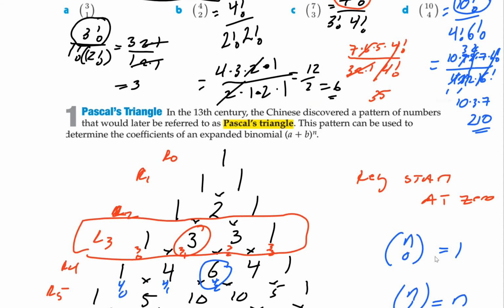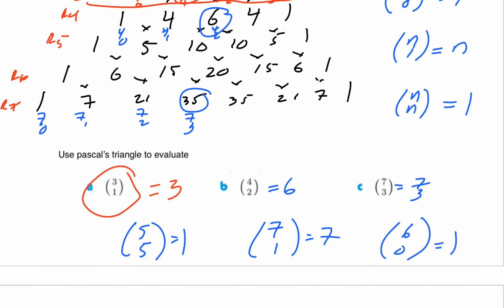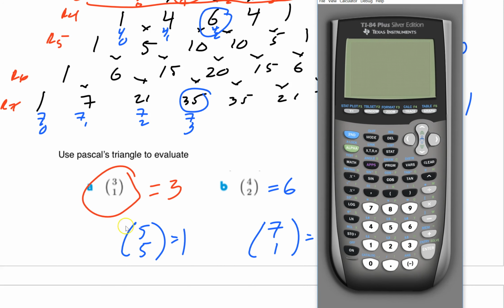What's the other way to do it? On your calculator. So if you bring out your calculator, the way we do, say, 3 choose 1, is we put a 3 down. You go to math, over to probability, and then nCr. That's what this is. It's choose. So you put a 1. You get 3.